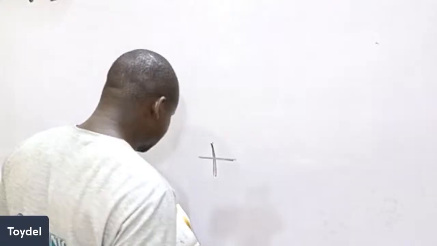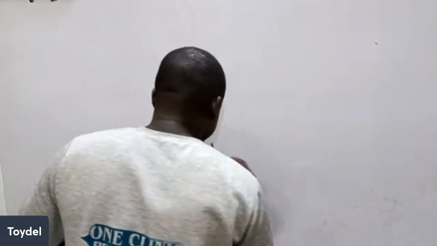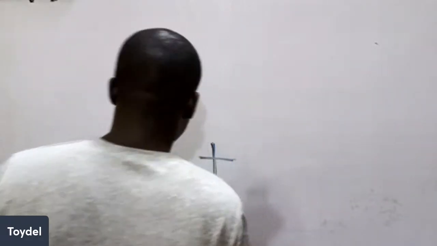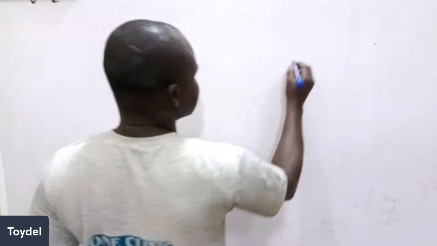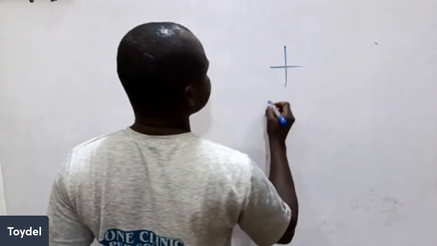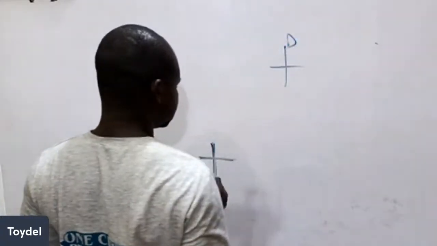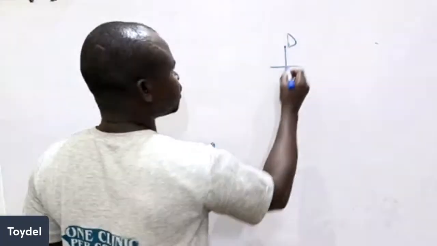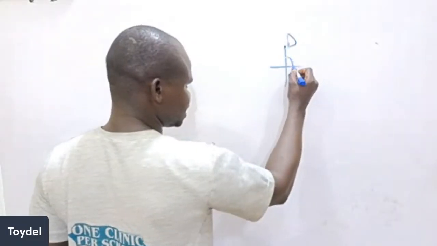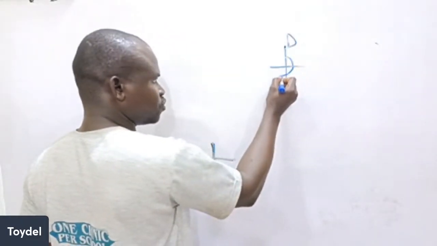So let's assume that this is Dugbe's farm. Let's call it D. This is the cottage, let's call it C. From here to here is 90, this is 180, then this is 200.